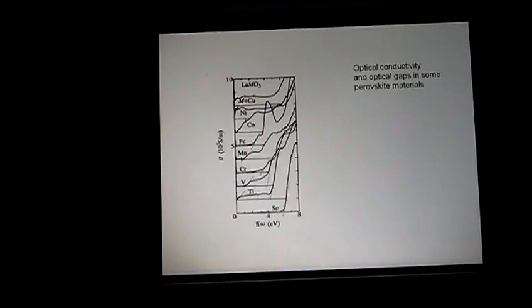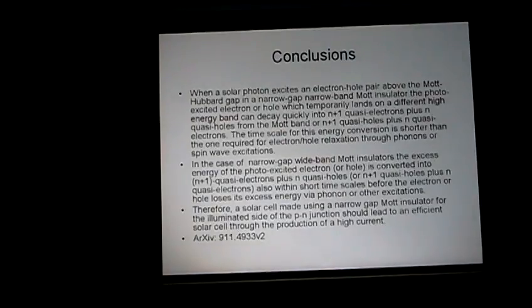And because I think there are questions on this, let me just summarize. When the solar photon produces a very highly excited electron state or a hole state in a narrow gap Mott insulator, this excited electron lands in an excited state, but then it has to decay, and there are processes by which this electron can decay back to the upper Hubbard band by exciting an additional electron-hole pair.